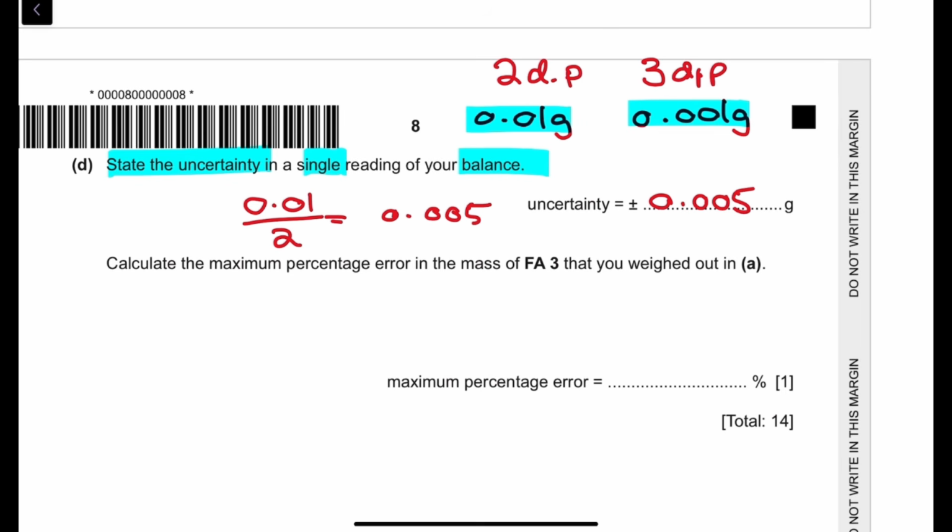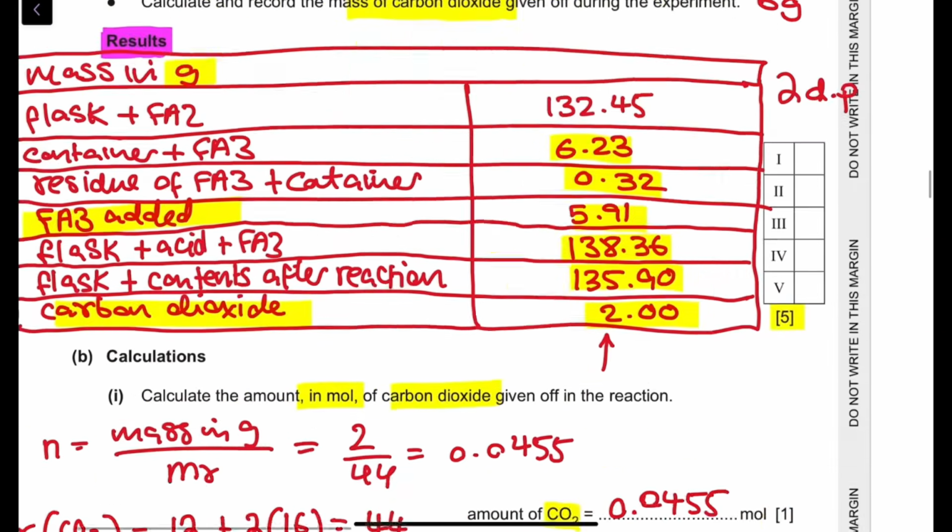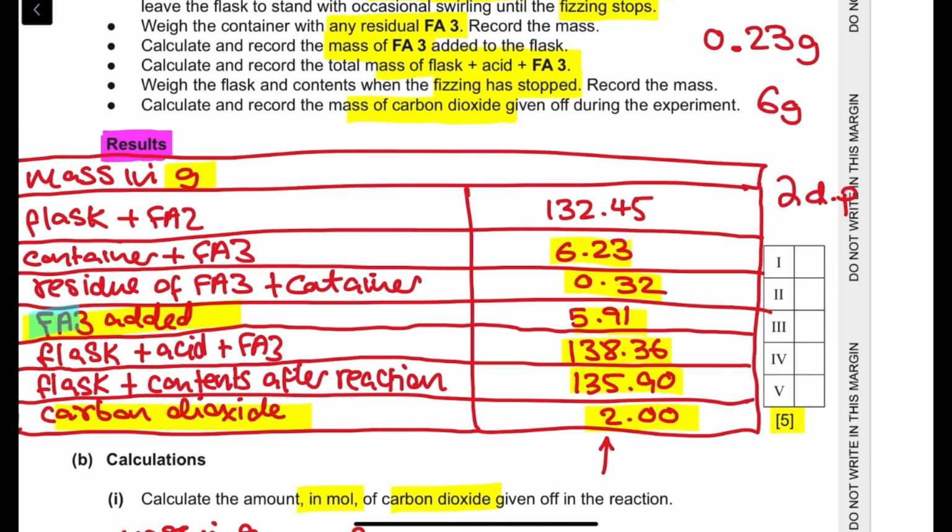Now it asks to calculate the maximum percentage error in the mass of the sodium carbonate that we weighed out at the start. Now if we go back to our table, the amount of sodium carbonate added was a calculated value using 2 of our masses subtracted from each other.